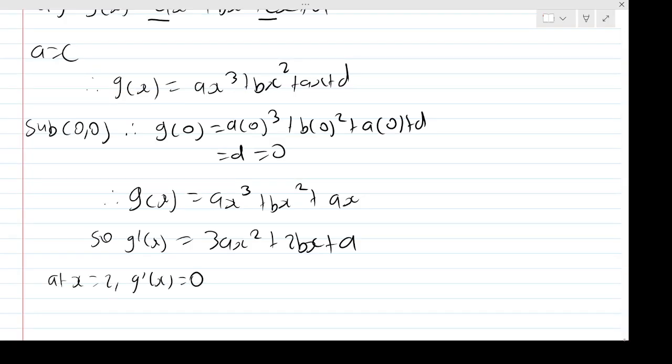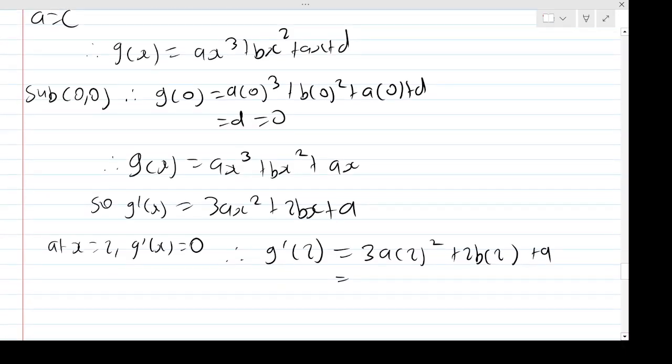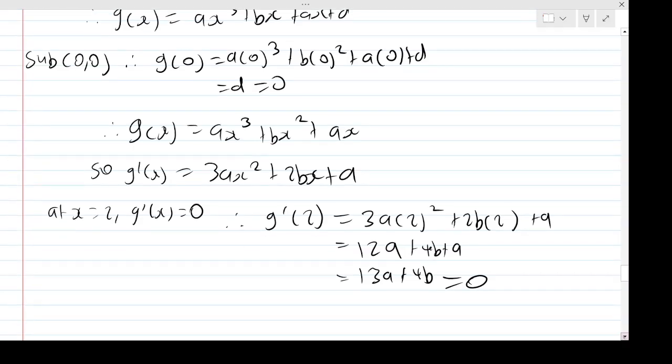Plugging in x is 2, that'd be 3a of 2 squared, add 2b of 2, add a. If I simplify that, 2 squared is 4, 4 times 3 is 12a, then 2b times 2 is 4b, add a. Now 12a add a is 13a, add 4b. And because it's a stationary point, the derivative is equal to 0. So therefore I can say 13a add 4b is equal to 0.